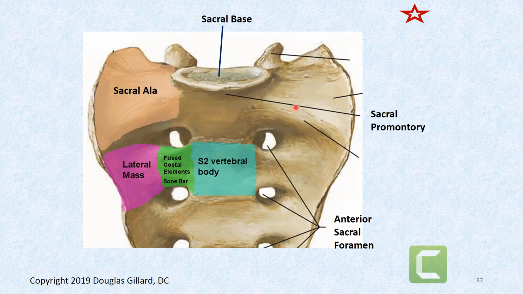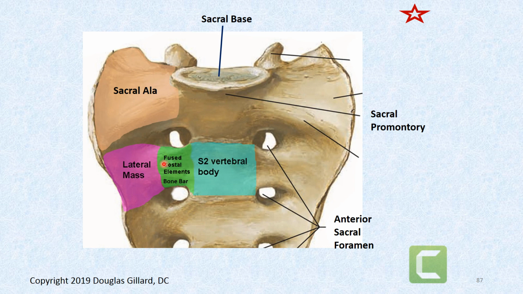So here's that nice A to P view. Here's the S1 body. Well, let's do S2. S2 body. Between the transverse foramen, we have some fused costal elements here, or you can call it bone bar if you want. That's the region here. So this is the bone bar, or FCE, fused costal elements.